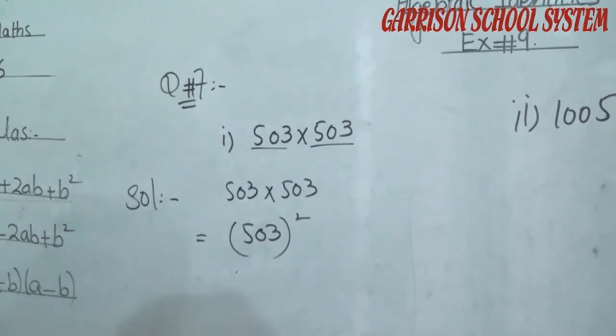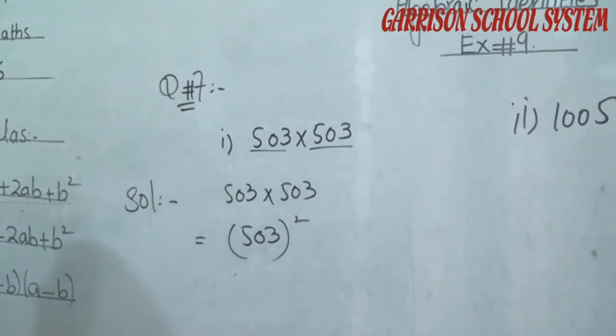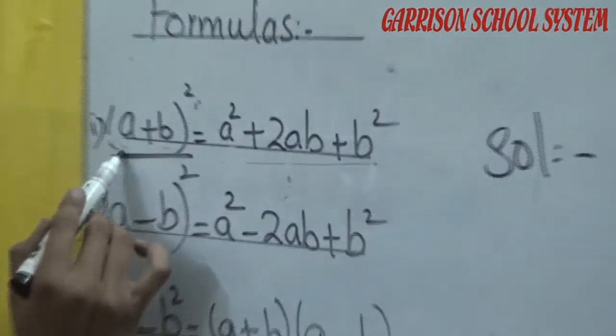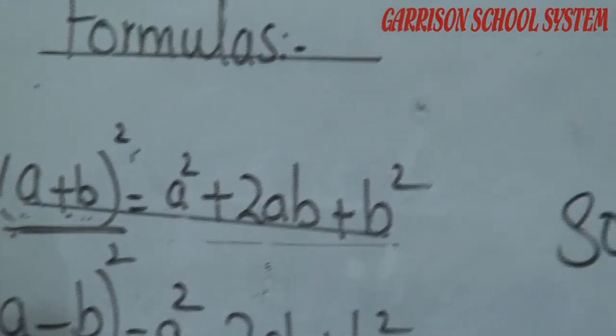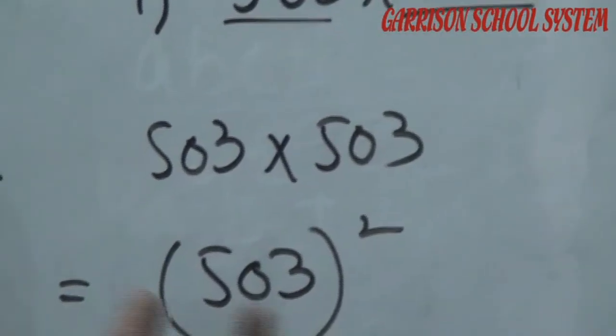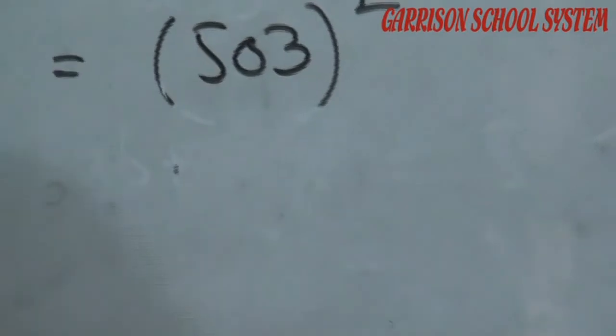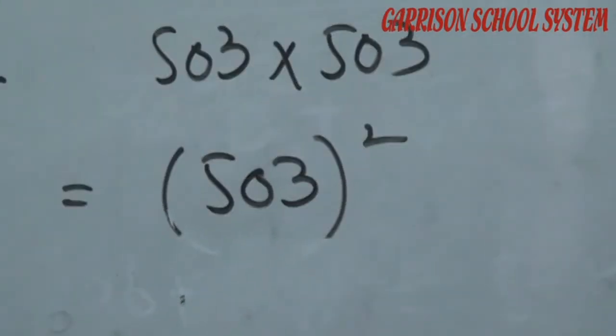Now, because I am using the formula of (A plus B) whole square, so I will change it in two terms. 503, I will change it into two terms.